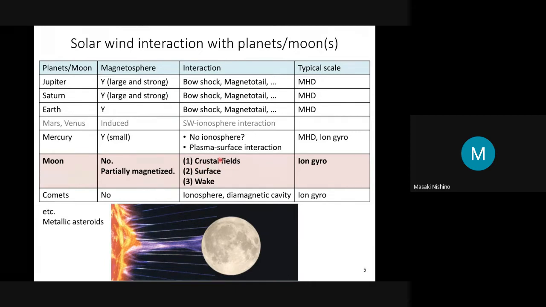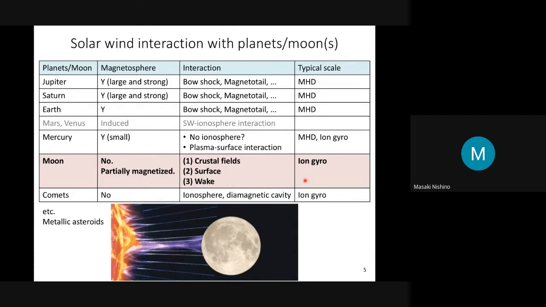First of all, the crustal fields play a very important role in such solar wind interaction. At the non-magnetized lunar surface, the space plasma can directly interact with the lunar surface, the lunar regolith. And from the viewpoint of very large-scale interaction, a lunar wake is formed in the solar wind region along the solar wind flow behind the moon.